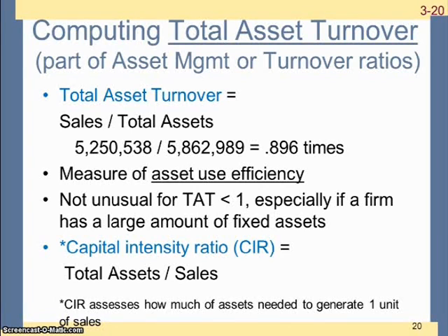The lower the total asset turnover ratio as compared to historical data for the firm and industry data, the slower the firm sales. This may indicate a problem with one or more of the asset categories comprising total assets, like inventory, receivables, or fixed assets.